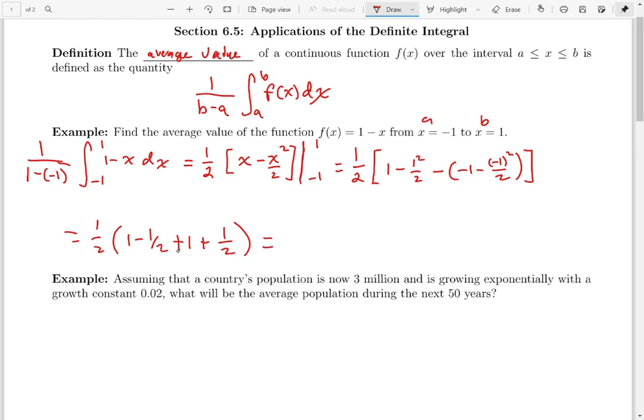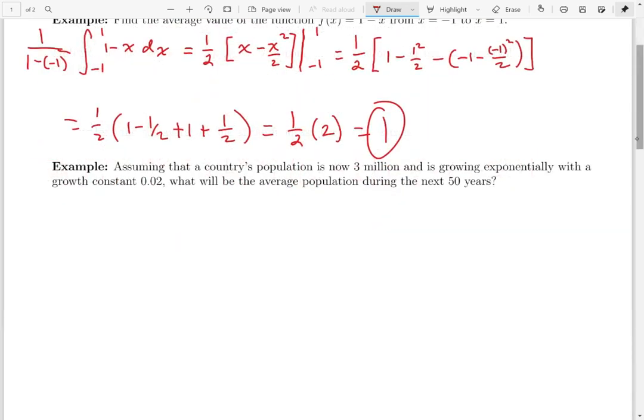And so I get 1 plus 1 is 2, minus a half plus a half is 0. And so I get that this is 1 half times 2, or 1 half of 2 is 1. And so I claim that the average value that this function takes on between x equals negative 1 and 1 is specifically the value of 1.